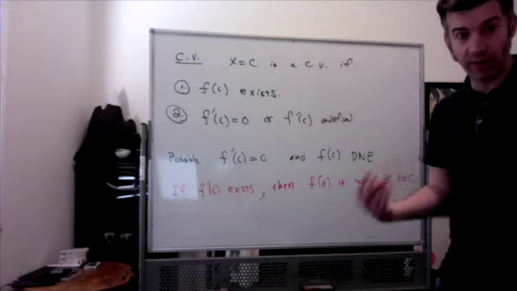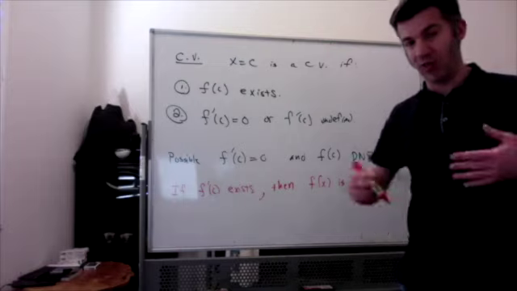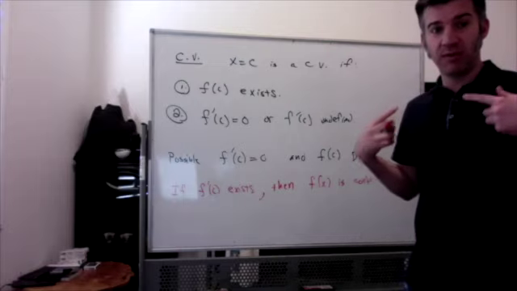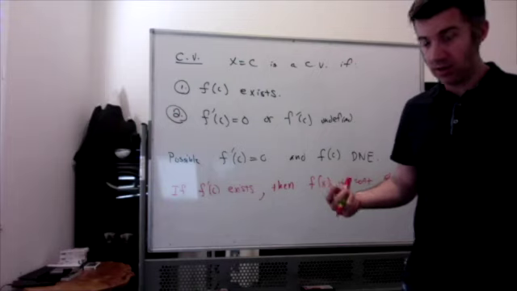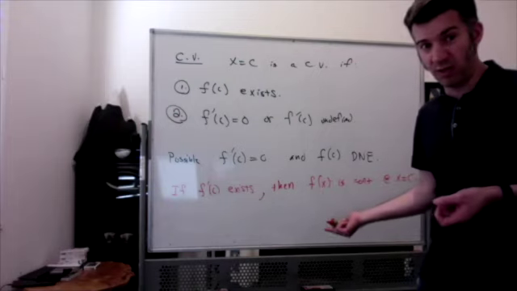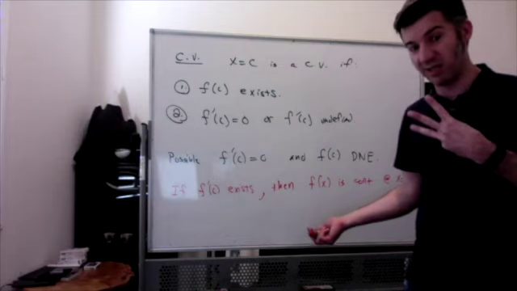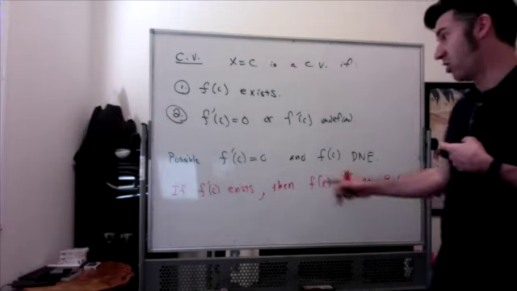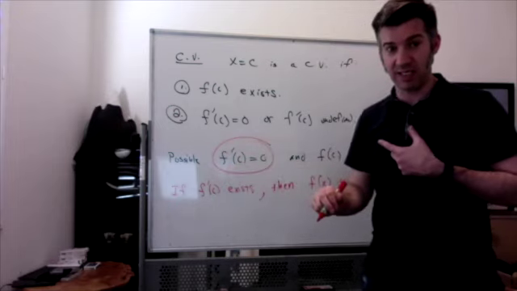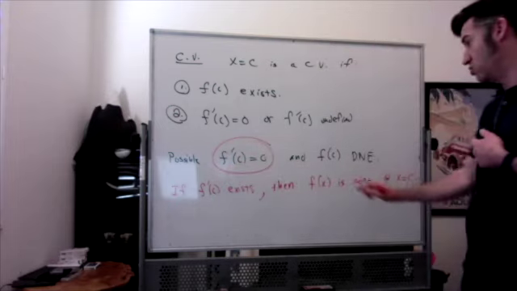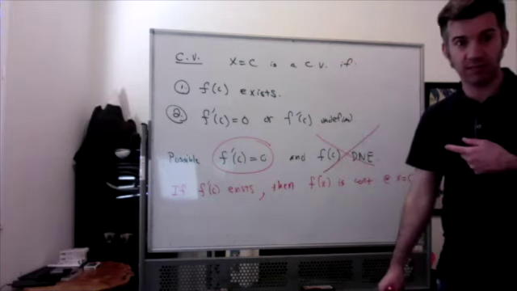There's a theorem about this, but basically it says differentiability implies continuity. To be differentiable, you had to be continuous in the first place. And one of the 3 criteria for being continuous at a point is that you have to exist at the point. So if the derivative at c exists and is a real number, then you cannot have that f of c does not exist. It's impossible.